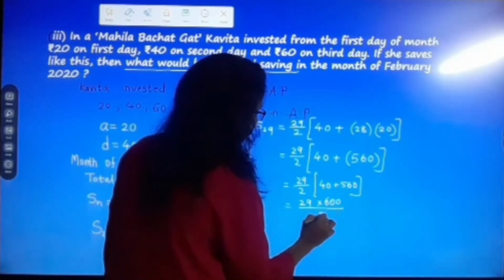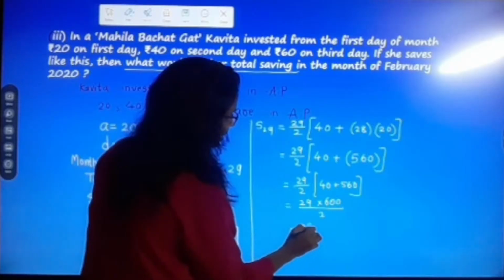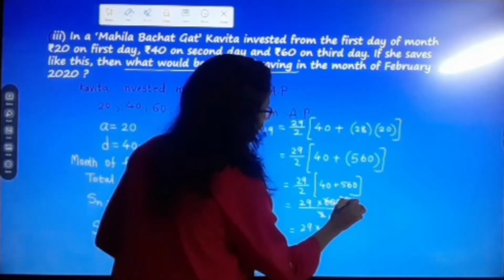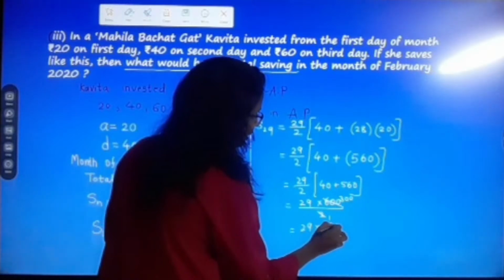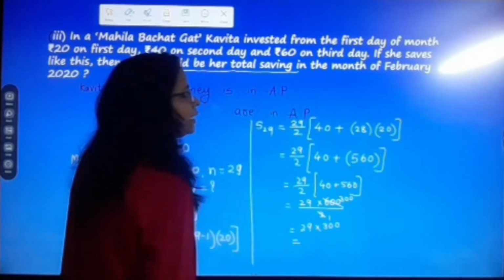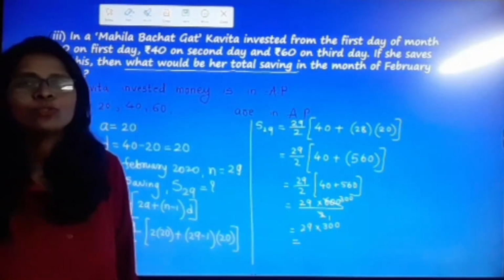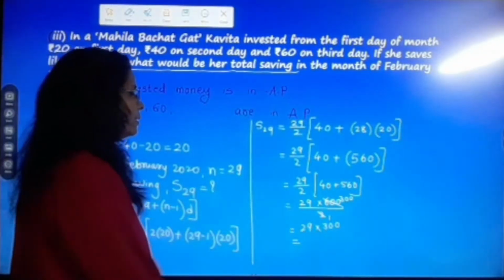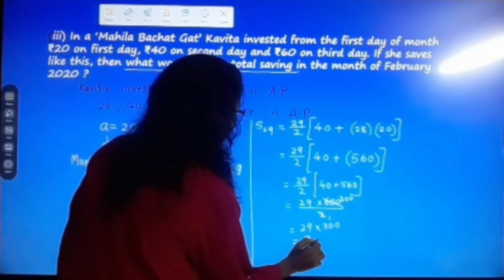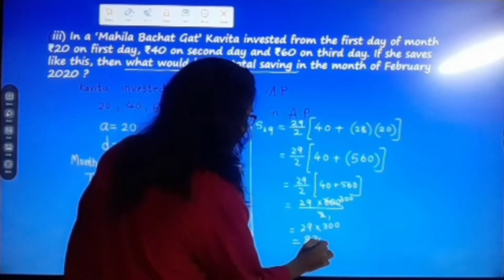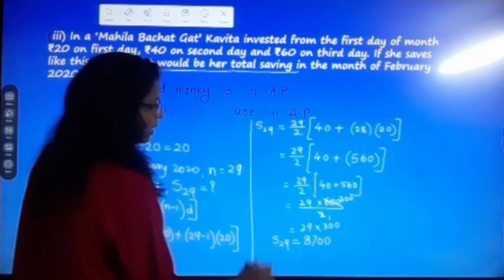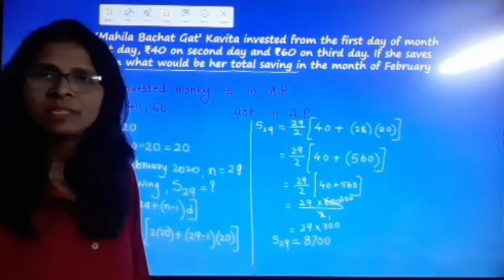So divided by 2. Now here 29 multiply, 2 threes are 6 and 0 zeros, that means 29 multiply 300. Okay students, so 29 multiply 300 means 8700. So S29 is equal to 8700.